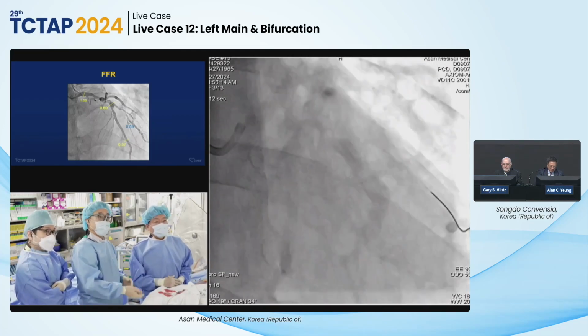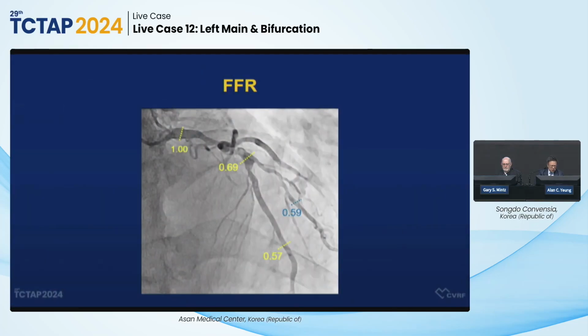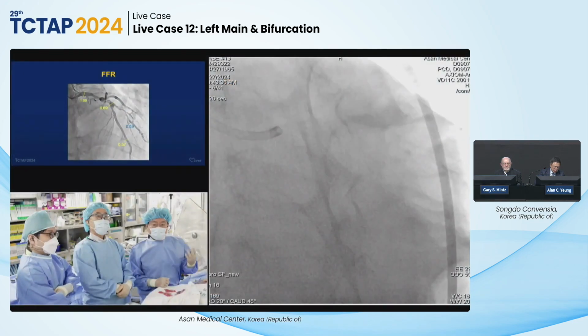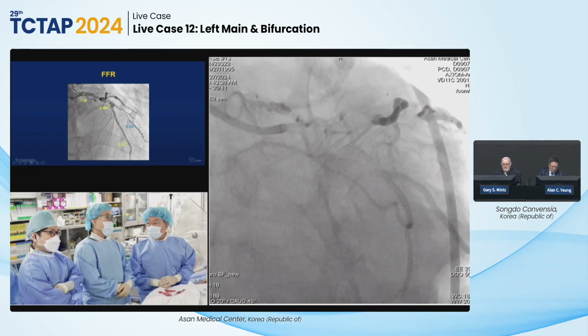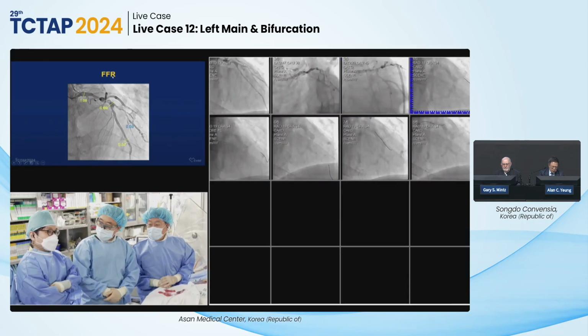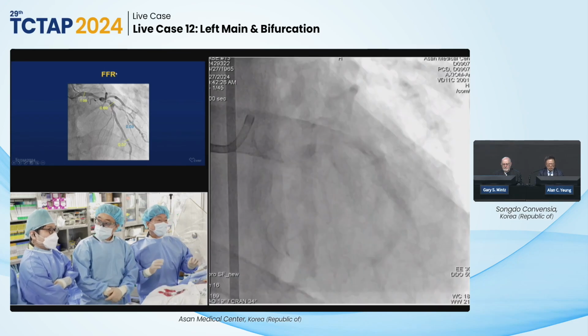Just, okay, before that, anyway, as you see, it is truly a left main bifurcation, right? Anyway, the circumflex is good, and there is right-sided disease and left main with multivessel disease. We cannot measure the SYNTAX score, right? Initial baseline SYNTAX score, did you measure? No. All right.